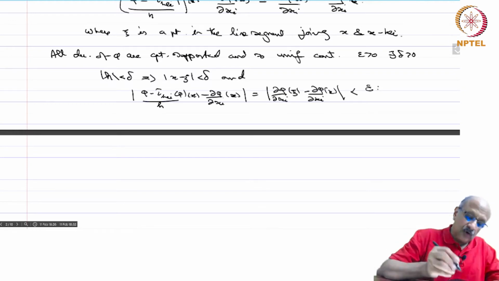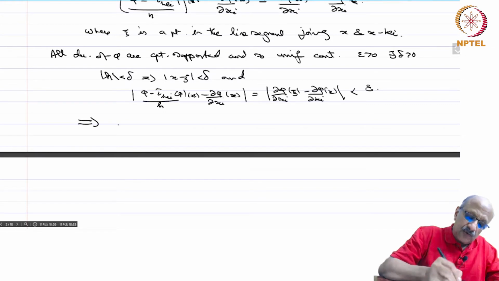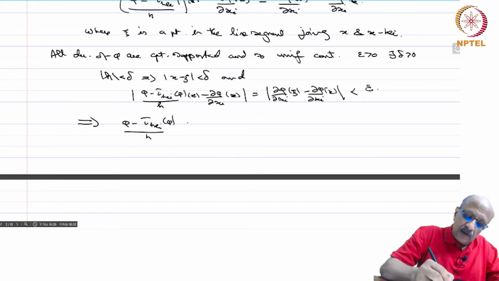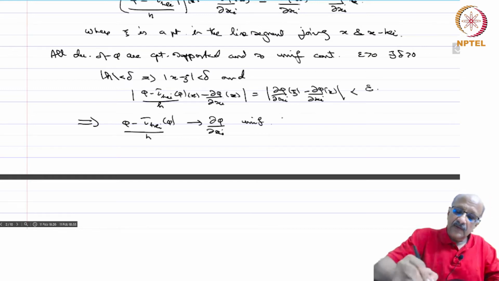So this shows that (phi minus tau h ei of phi) by h converges to d phi by dxi uniformly. Similar proof for all its derivatives.